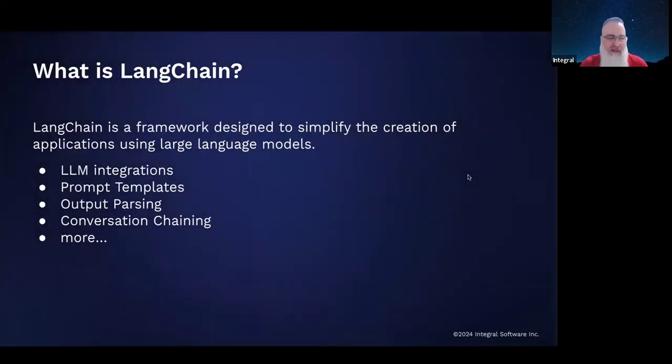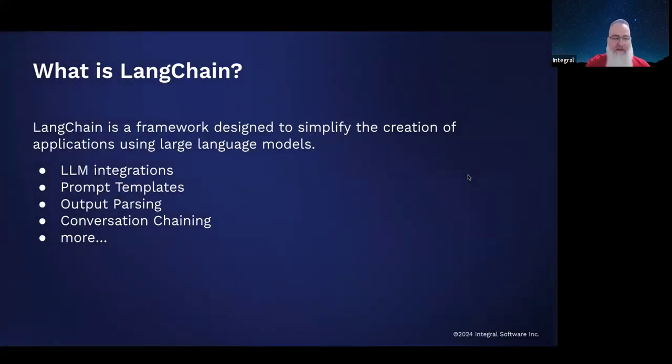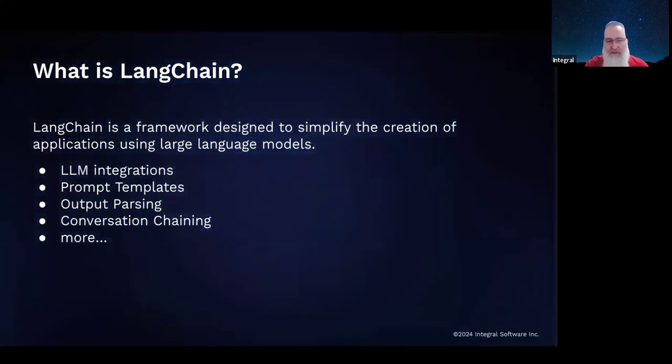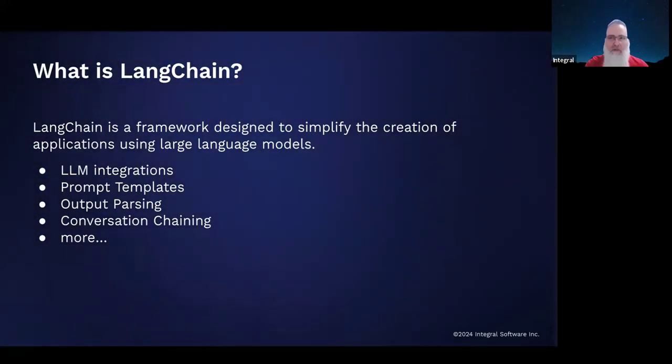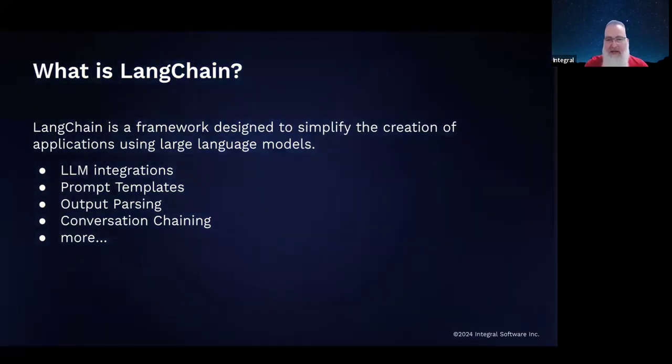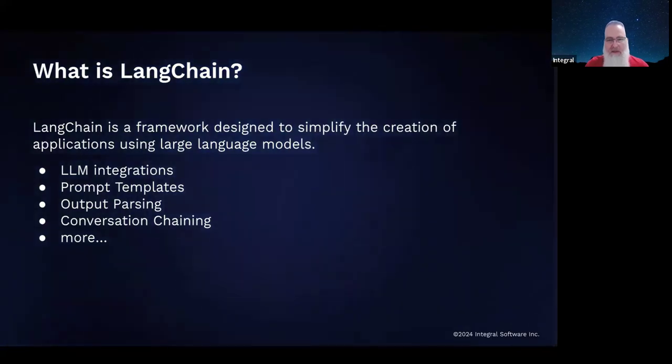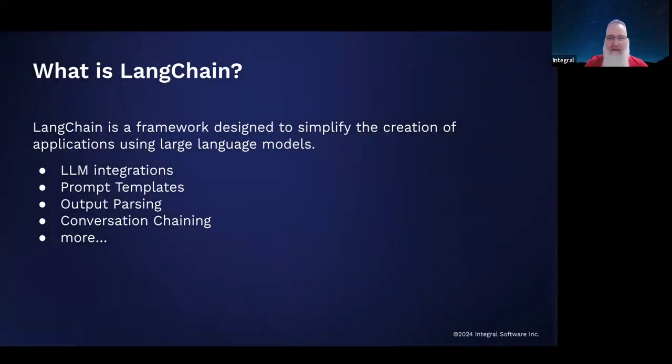So what is LangChain? LangChain is a framework that's designed to simplify the creation of applications using large language models. So it's essentially a tool set, right? I've built a chat application that I had a custom need for it to be able to build a custom chat that wasn't ChatGPT, but acted like it around OpenAI's models.